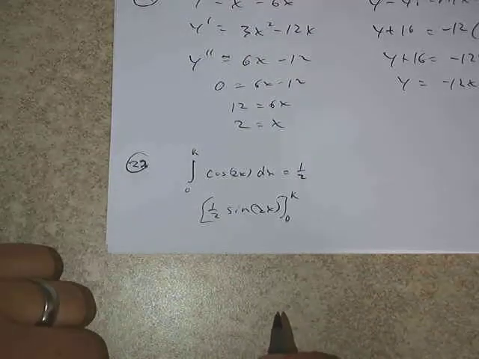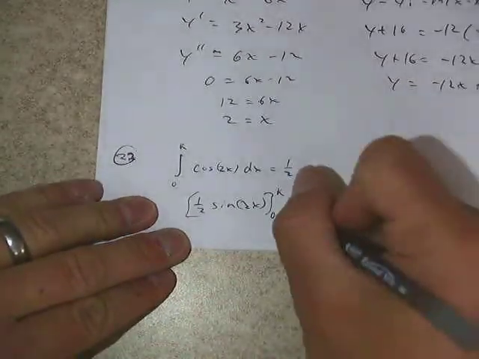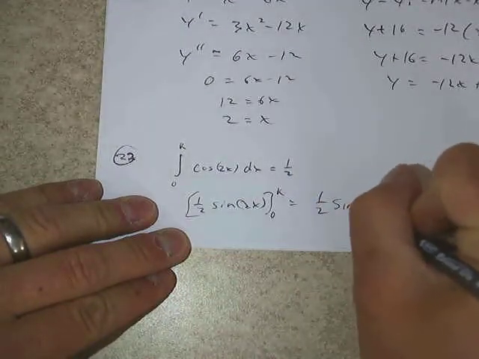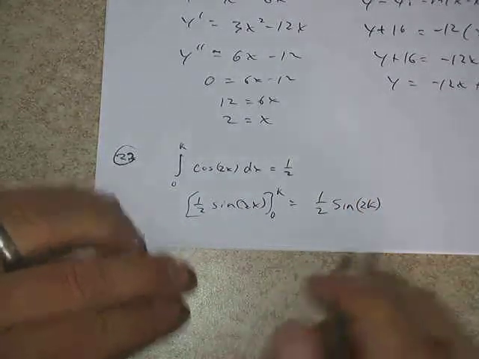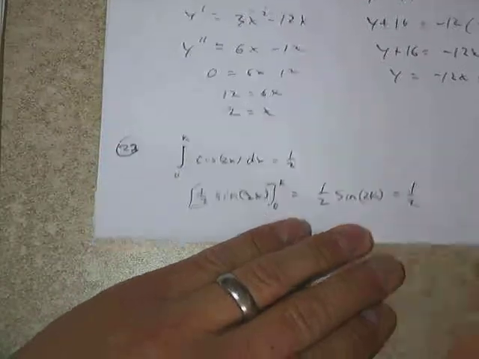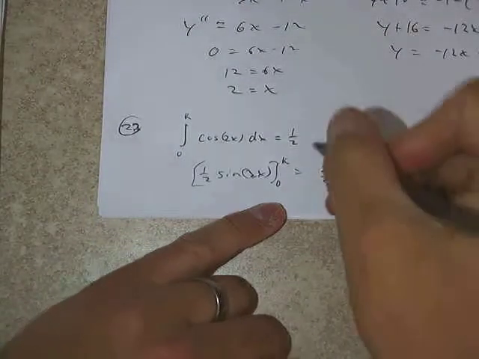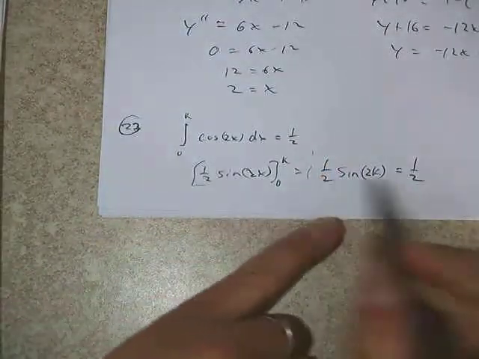The antiderivative of cosine kx is always 1 over k sine kx. Again, if you can't remember, try it and make sure this differentiates back to this. If you were to differentiate that, you'd get cosine 2x times 2, and the times 2 would make the 1 half go away, and you'd have simply cosine 2x.